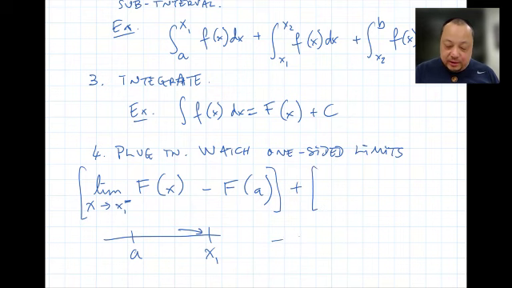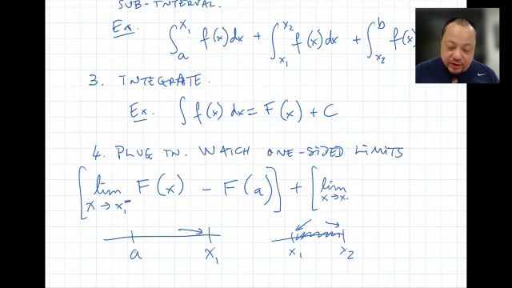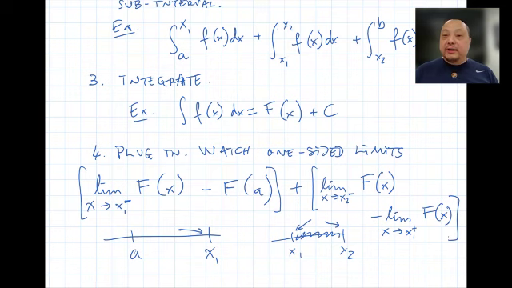The second integral, we're looking at the interval from x1 to x2. Well, within this interval, I'm approaching x1 from the right and approaching x2 from the left. So it's going to be the limit as x approaches x2 from the left, minus the limit as x approaches x1 from the right. That will take care of the second interval.